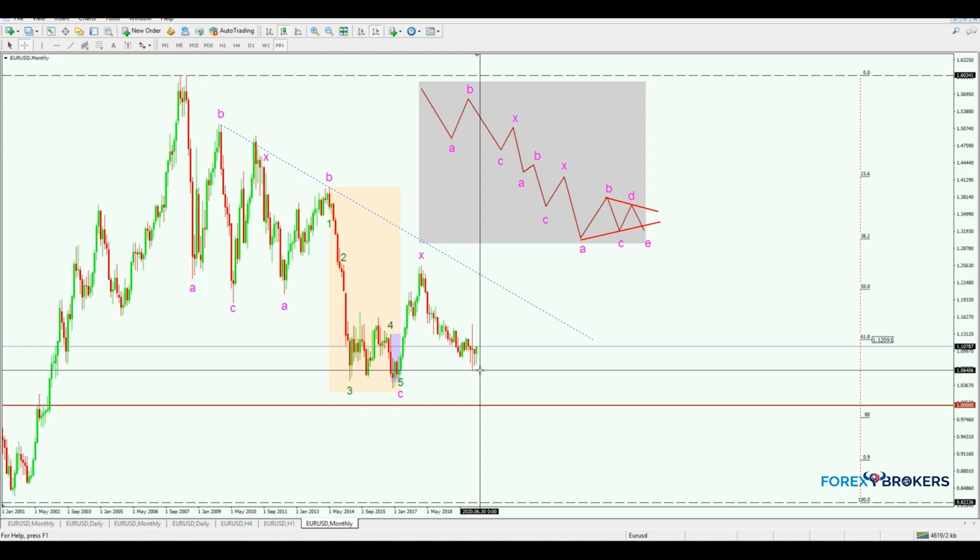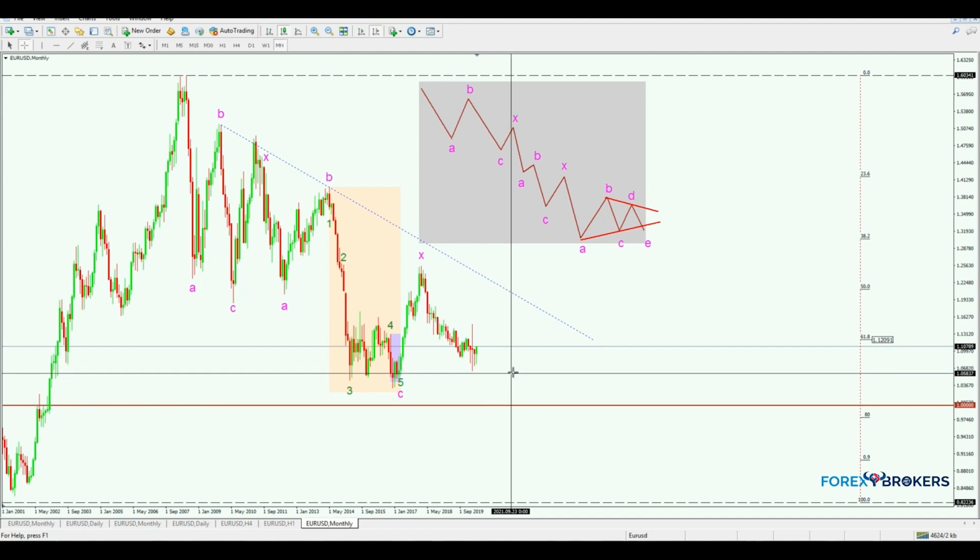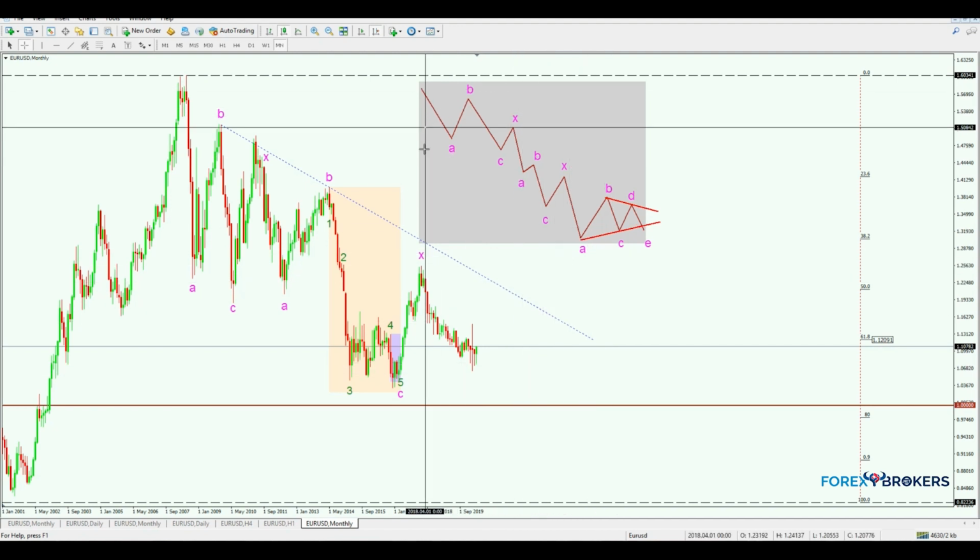So based on what we said so far, based on this triple combination, we are somewhere finishing the X wave right here. This is the X wave, this is the X wave, and then this move lower should be only wave A.